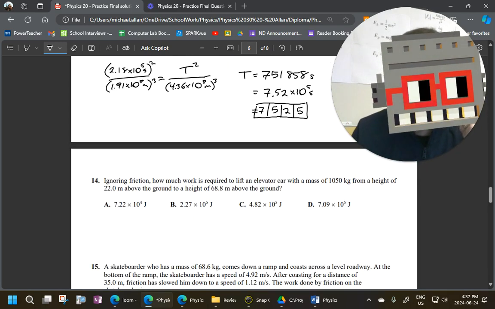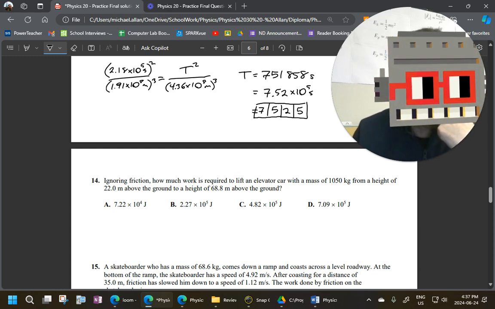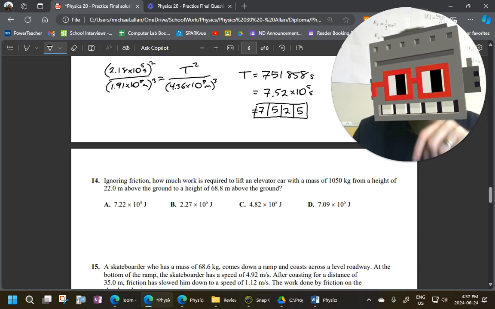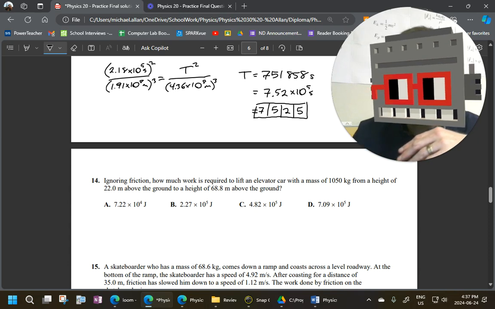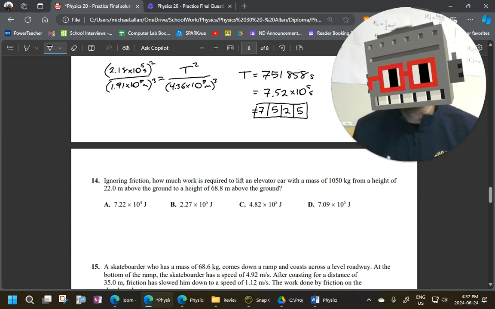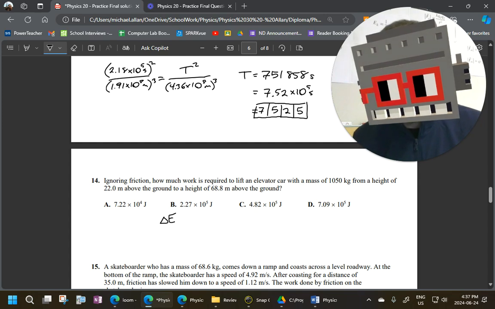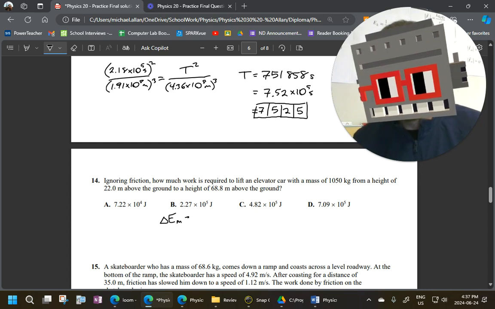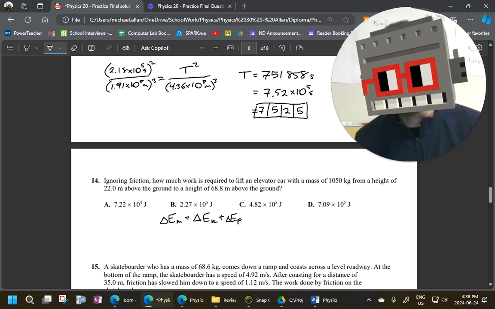Ignoring friction, how much work would be done to lift an elevator car from one floor to another? Now I'm assuming that we're stopping. Okay, so one floor to another. So my change in my energy is going to be the change in my kinetic plus my change in my potential.